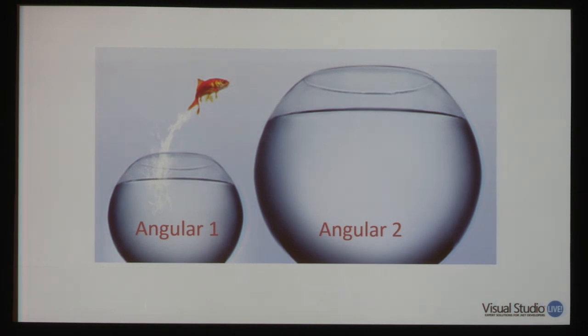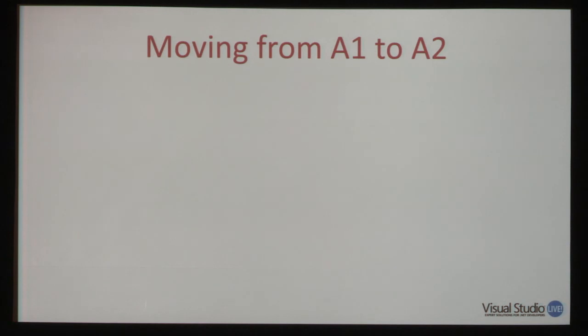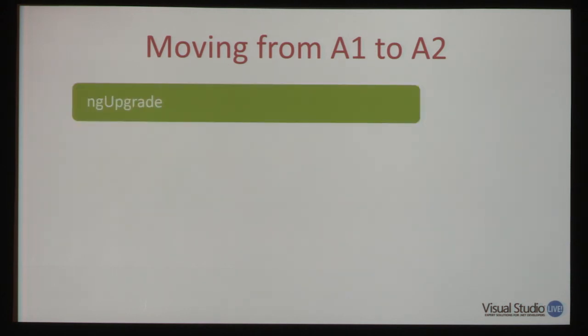But again, the key point I wanted to make here is, as .NET developers, this is going to be a much easier step because we know so much more about interfaces and classes and properties and methods and a lot of the stuff that's now included with Angular. So how do we move from Angular 1 to Angular 2?